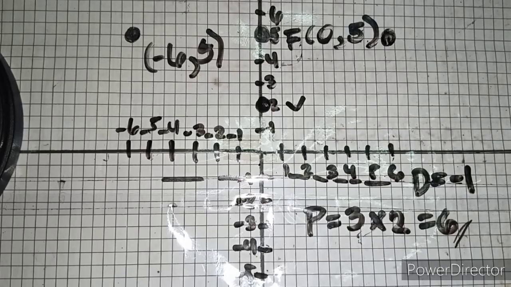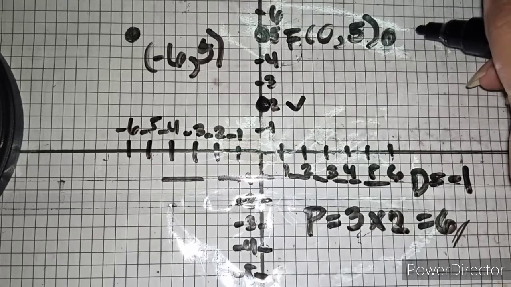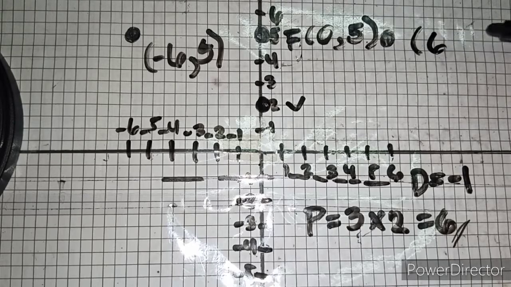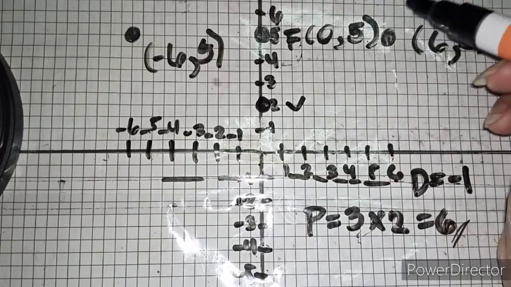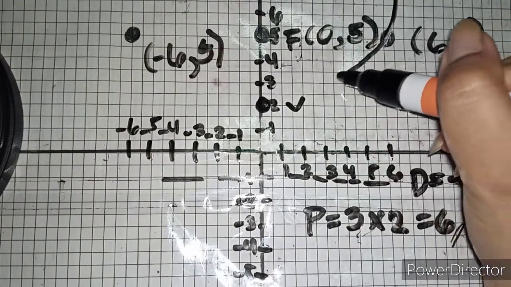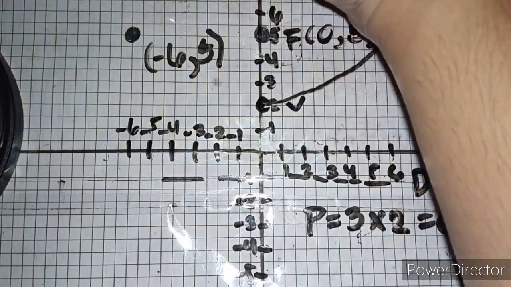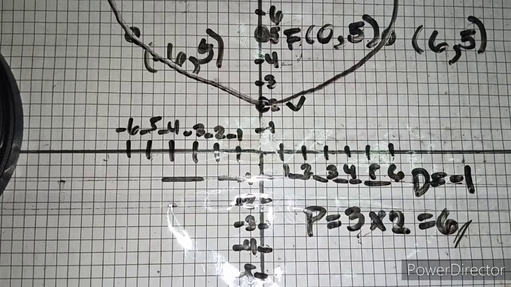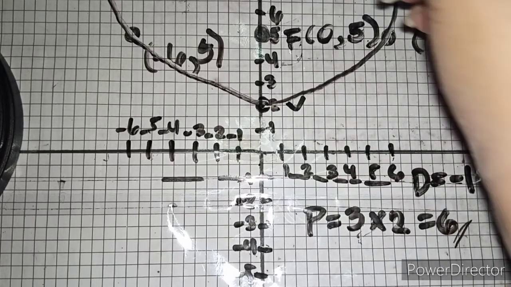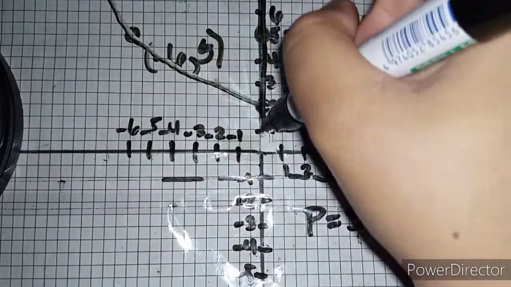Our second latus rectum endpoint is at (positive 6, 5). So, these are our points. Now we can connect them. From the latus rectum going to the vertex, then the other latus rectum going to the vertex. And our axis of symmetry is here.